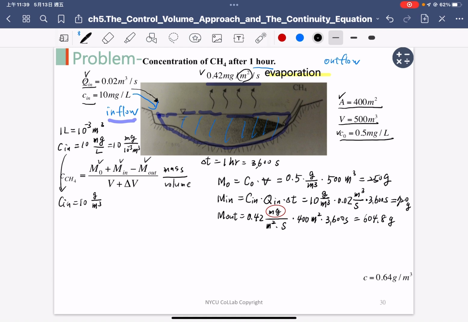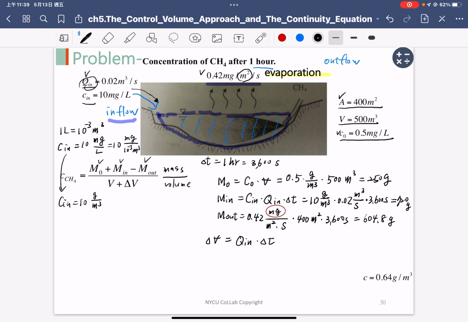Okay, so we have the final mass. Now, how does delta V change? The most significant change for the volume is caused by the inflow, right? Because all the Q in spills into the tank. So Q in multiplied by delta T is the total volume change caused by the inflow.